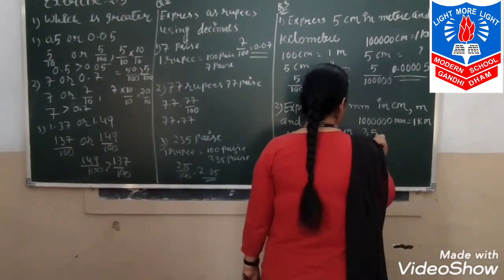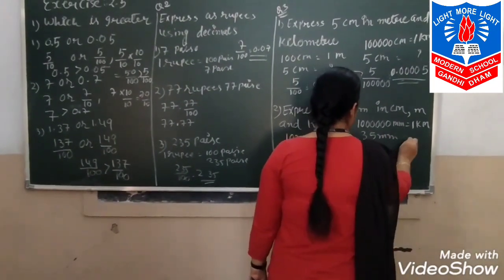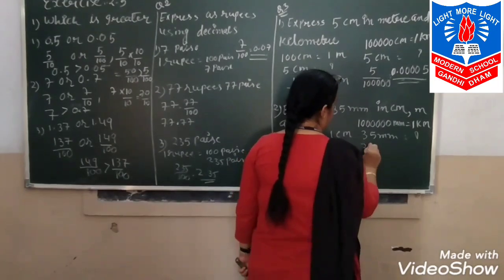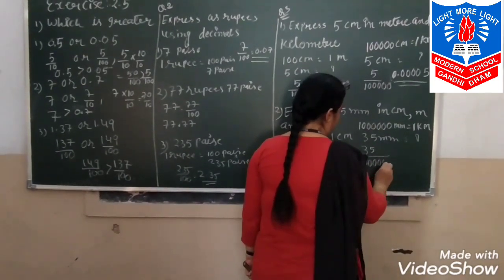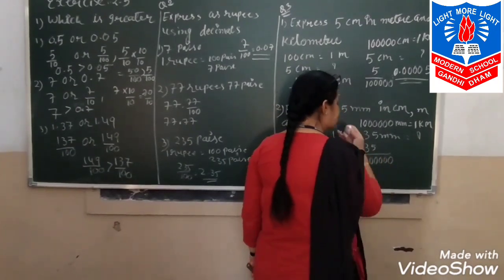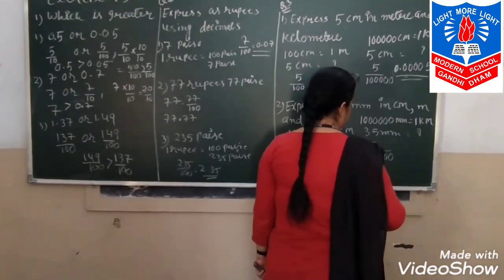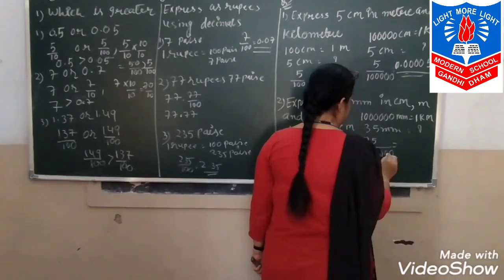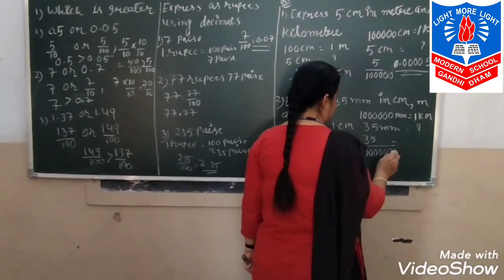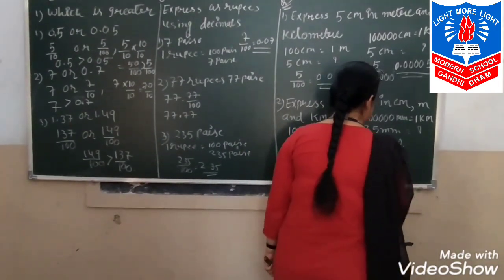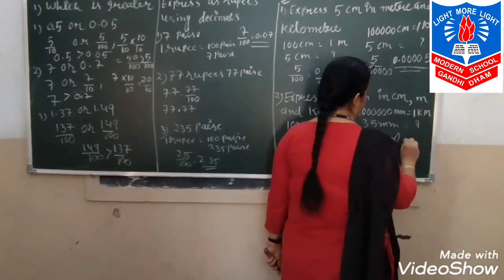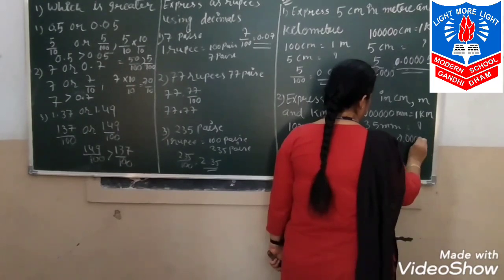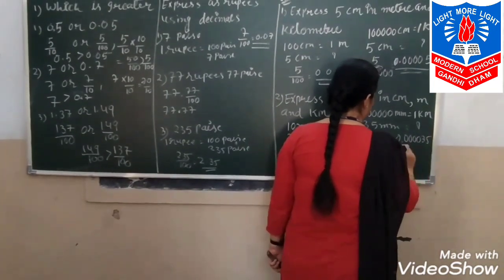Here 35 millimeter is equal to how much? So 35 over 10 lakh. So point after 6 digits. Here 2 digits are given, so we write zeros there: 0.000035. It is in kilometer.